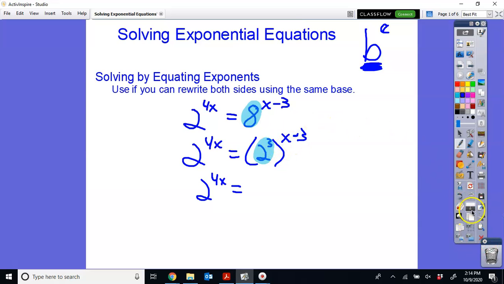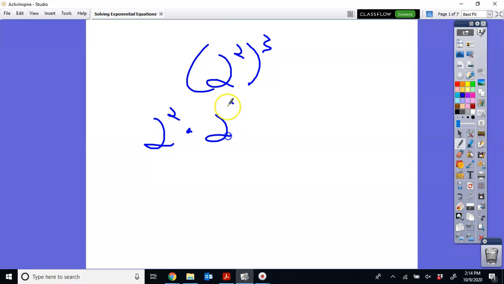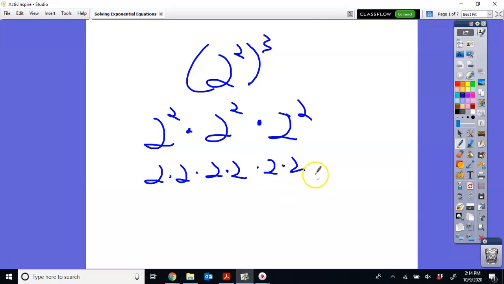Let me show you just real quick why that happens. If I have 2 squared to the third power, that means I'm doing 2 squared times 2 squared times 2 squared, which is 2 times 2 times 2 times 2 times 2 times 2. How many are there?